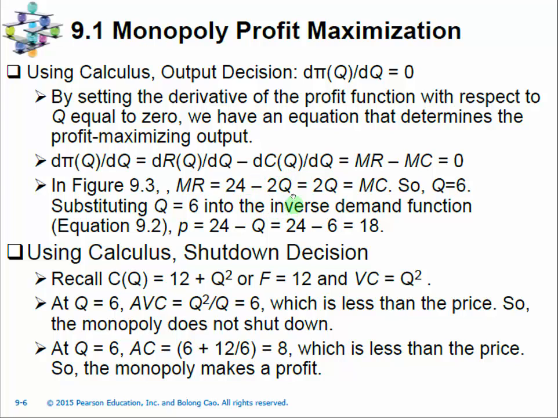Or say I moved this minus 2Q to the right-hand side of the equation. It becomes another 2 positive Q on the right-hand side. So we have 24 equal to 4Q. And the Q star, the profit maximizing quantity, is 6. That is 24 divided by 4.